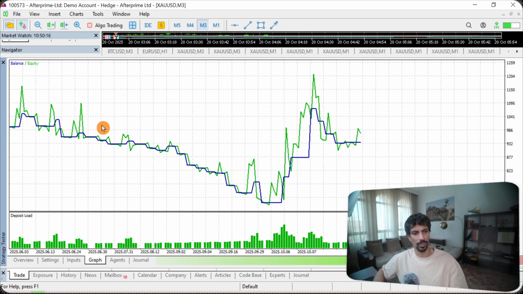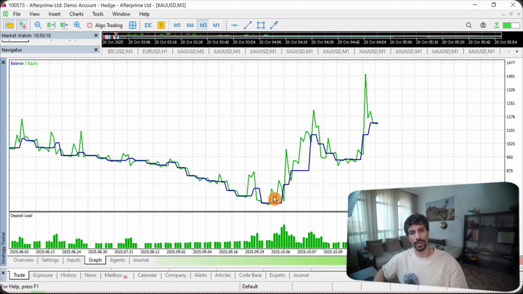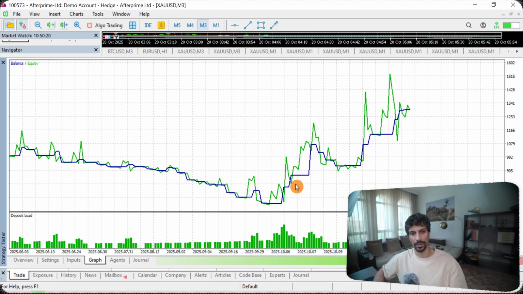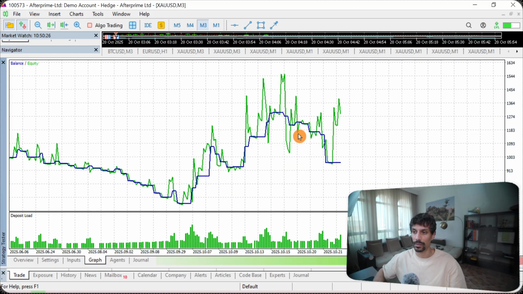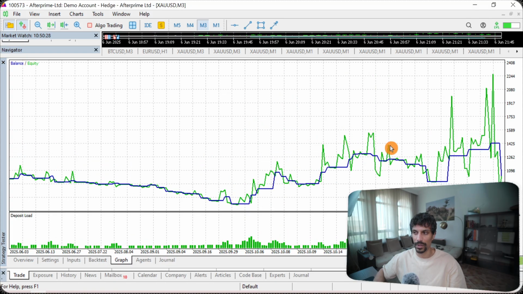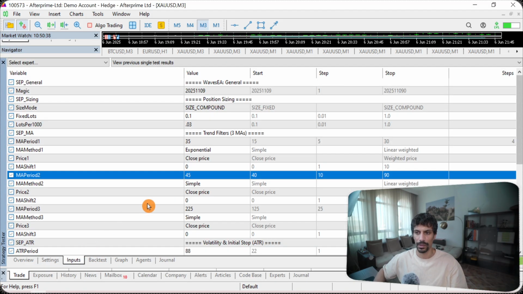Okay, so it gives back a lot of money, and then it really catches those trends. Not bad, but see how there are all of these large peaks over here because the chandeliering is just not aggressive enough. So that's kind of where I'm going with this.